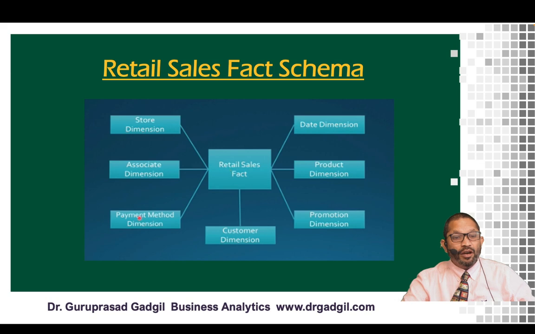Then you have payment method, and that payment method will have an ID. So Visa, Mastercard, ID1, ID2. That's your primary key in the payment method table. That primary key would become a foreign key in the retail sales fact table. So each fact is connected to these dimensions, and that's our star schema.